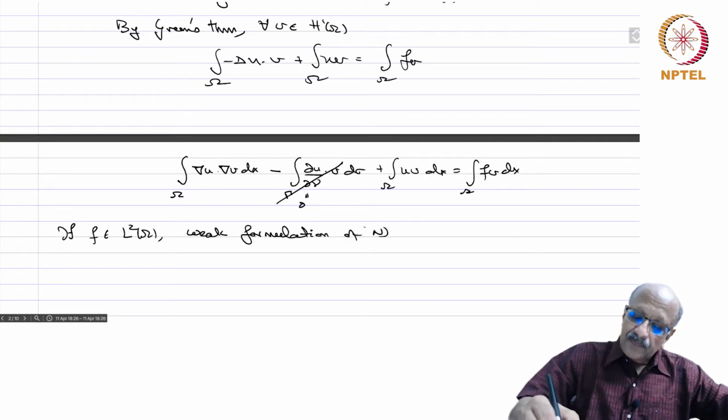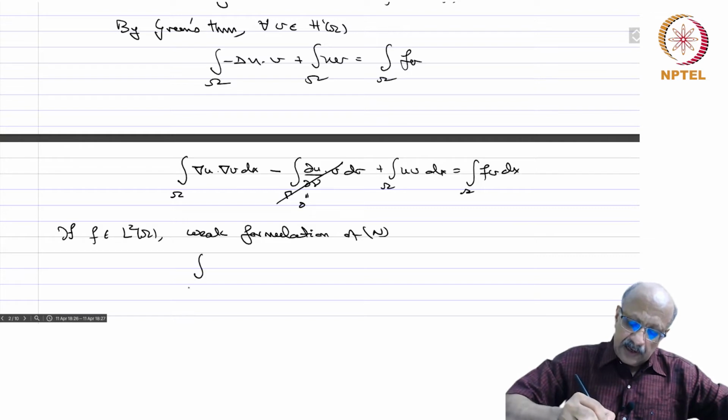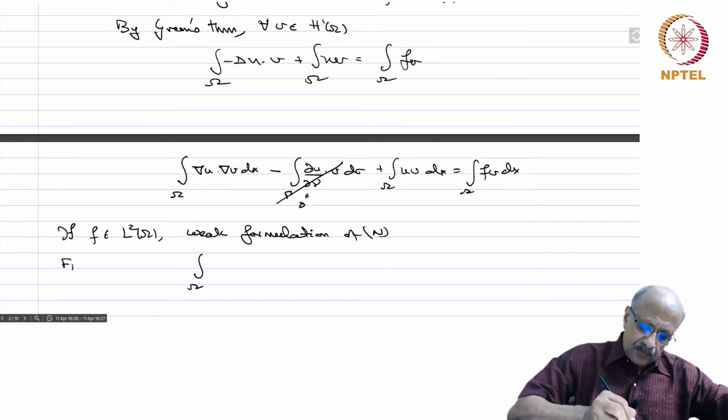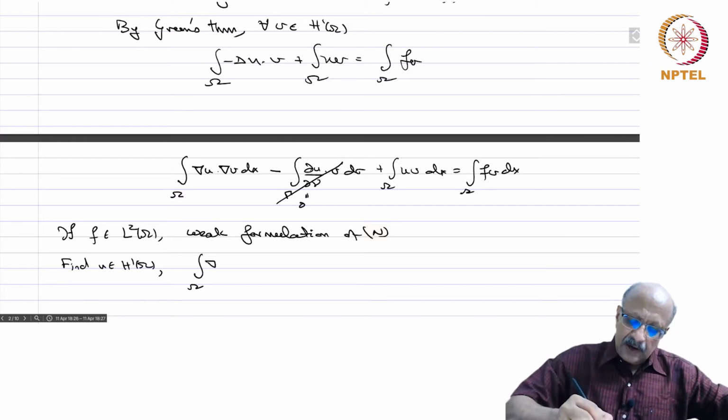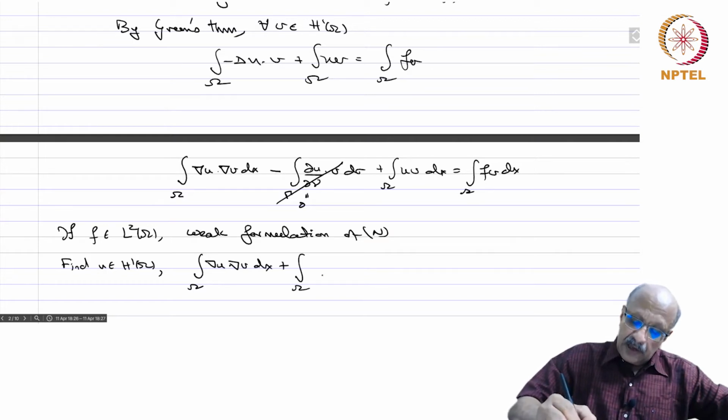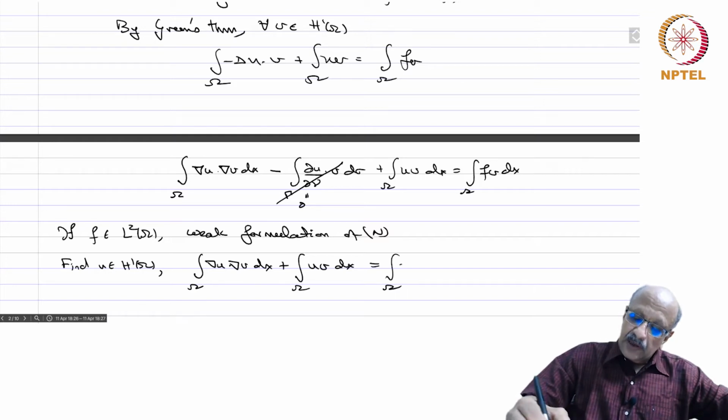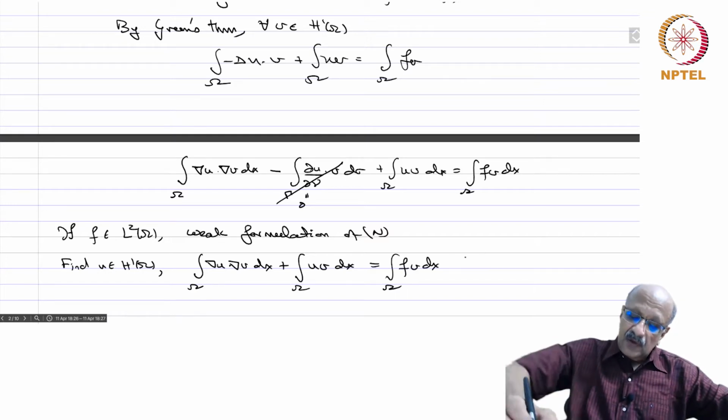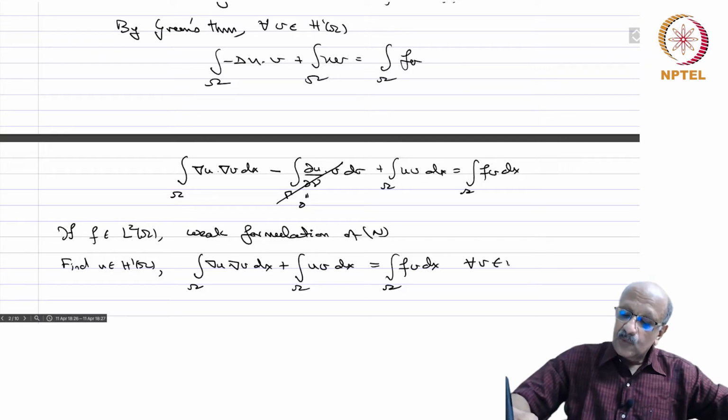So we have, if f belongs to L2 of Omega, then the weak formulation of N is this: find u in H1 of Omega such that integral on Omega grad u dot grad v dx plus integral on Omega uv dx equals integral on Omega fv dx for every v in H1 of Omega.